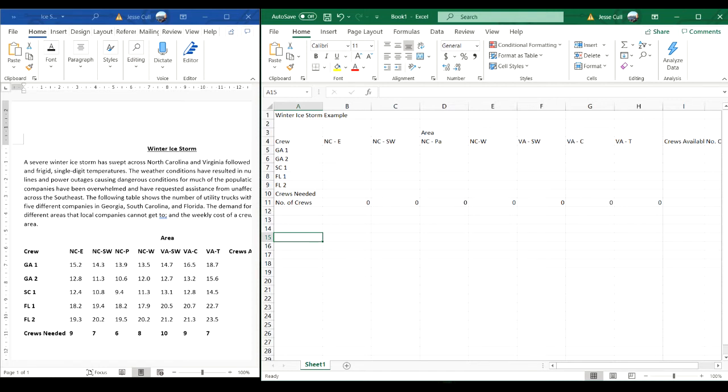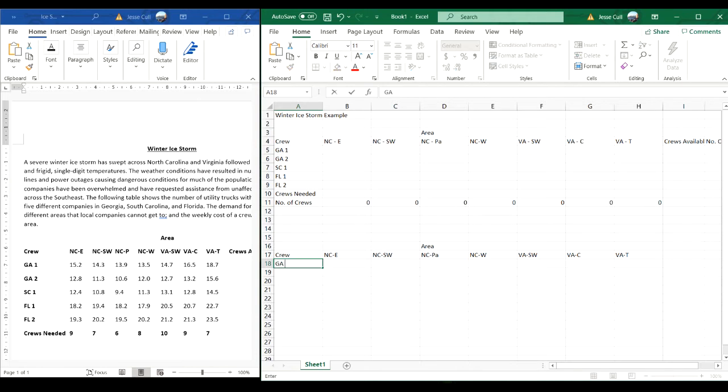So we have area, crew, northeast, so all of this information is now just what we are going to find on the chart down here.